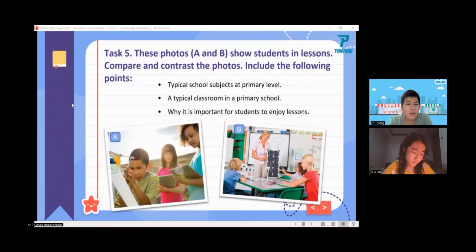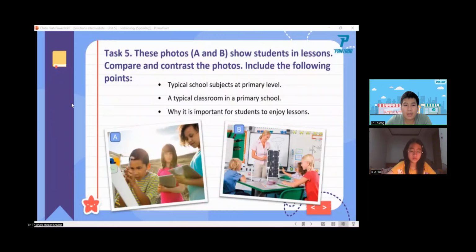Okay, let me give you an example. I think it's important for students to enjoy the lesson because of a number of reasons. The first one, when they enjoy the lesson, they can understand more about what they are learning, so they can do well in the test as well as apply that knowledge into real life.